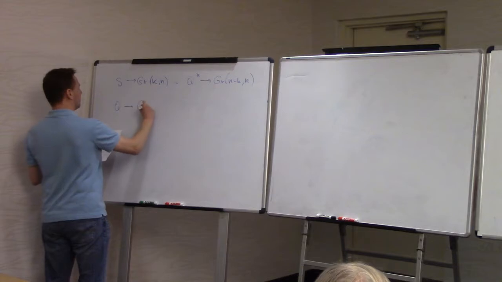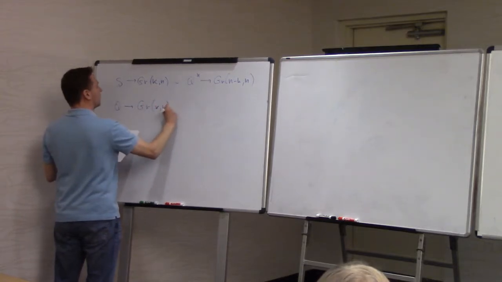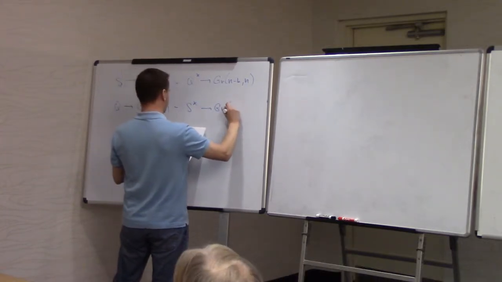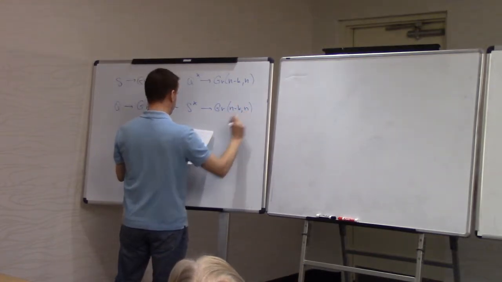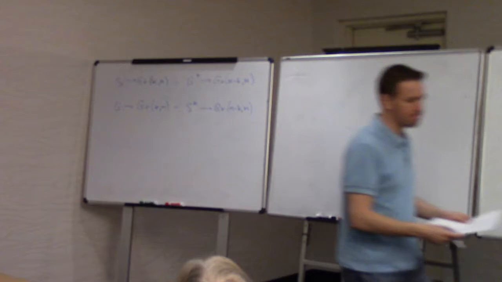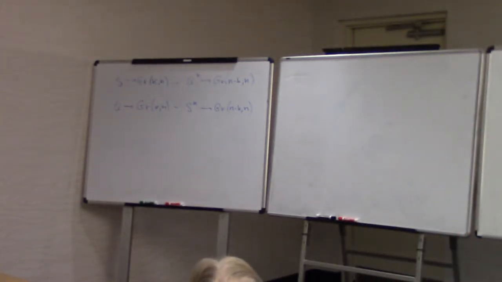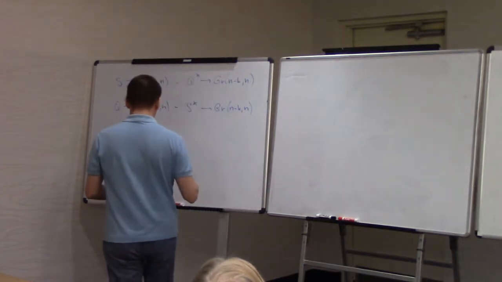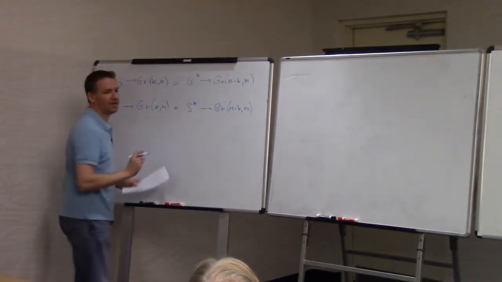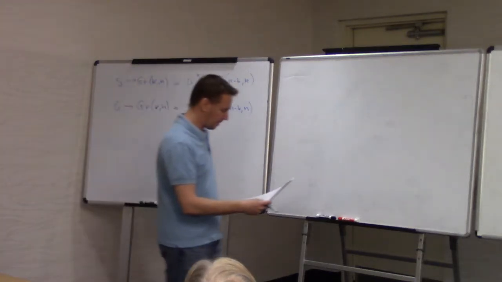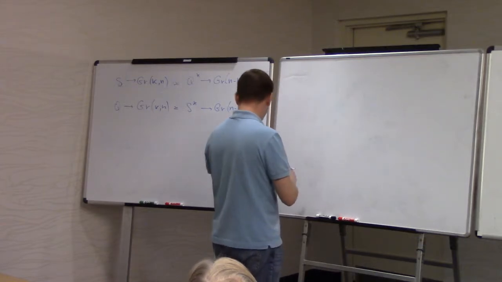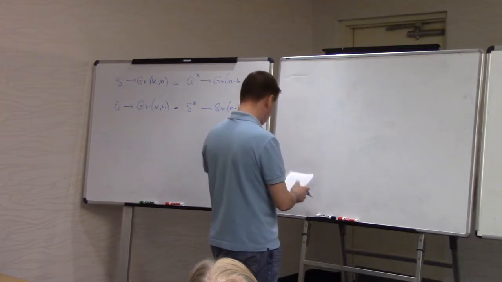And here the quotient over Grassmannian (k, n) is likewise similar to S star over the Grassmannian (n minus k, n). So these equivalences are rather simple and don't constitute very interesting information.